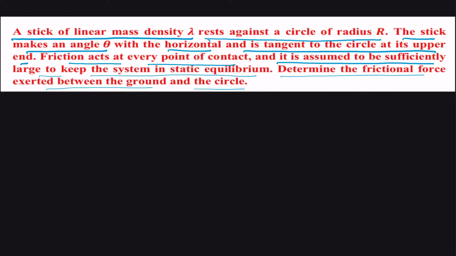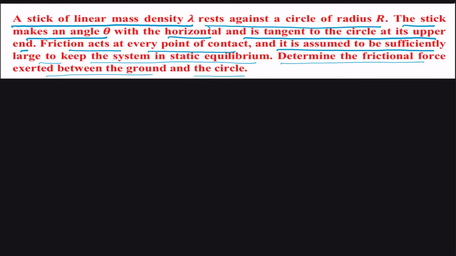So as per the question, we can just draw the basic figure. We are given a circle resting on a ground, and its radius is given as r, and there is a stick which is inclined and is tangent to the circle.